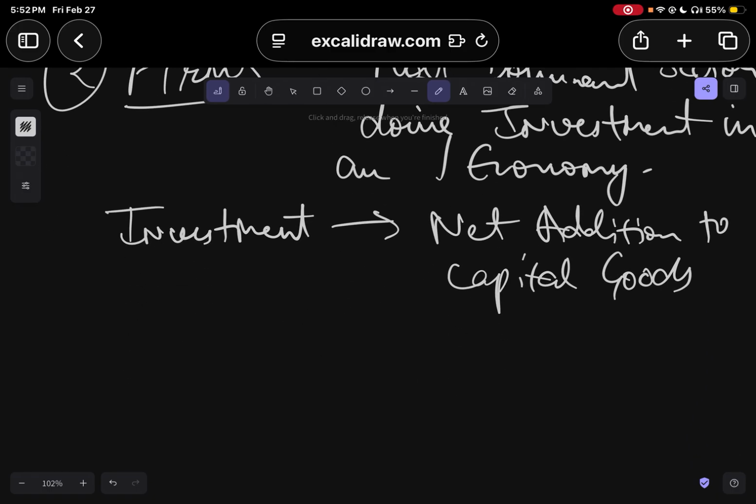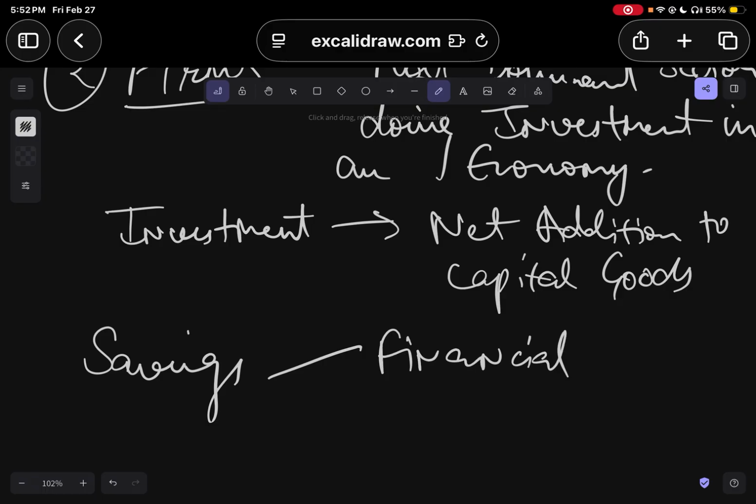Savings are financial investments. These include buying a share, FD, bond, debenture, etc. Households are majorly responsible for savings.